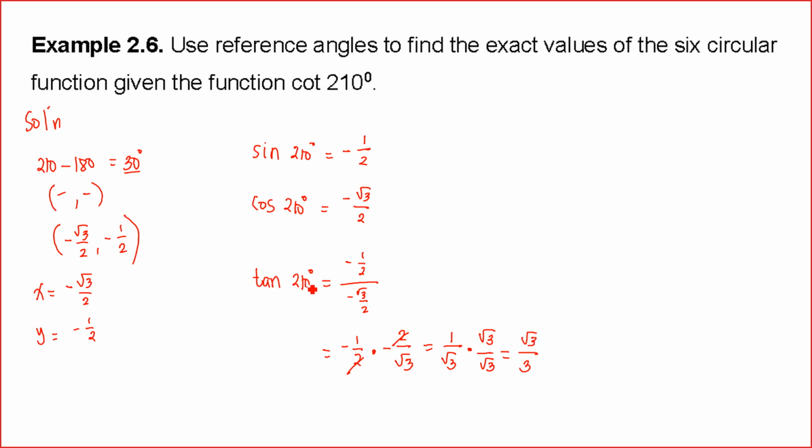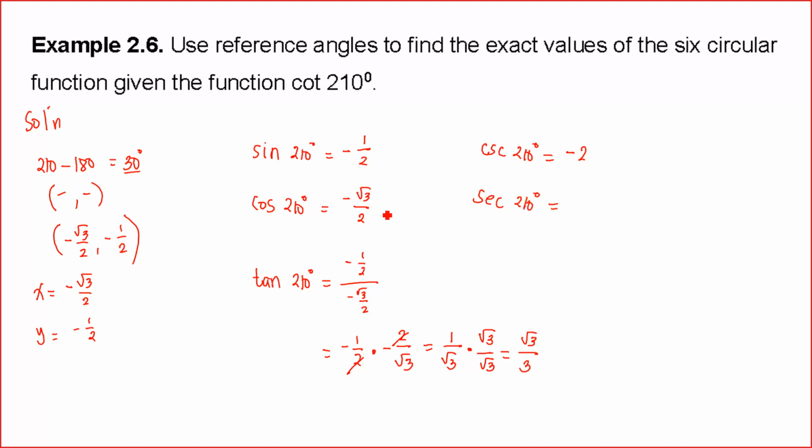For the other two trigonometric functions, then you have the cosecant 210 is the reciprocal of this one. So that's negative 2. For the secant 210 is the reciprocal of this one.